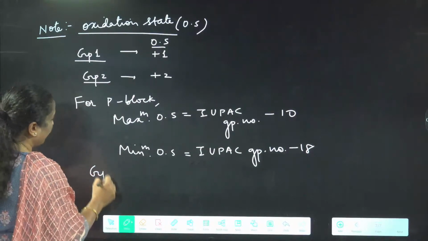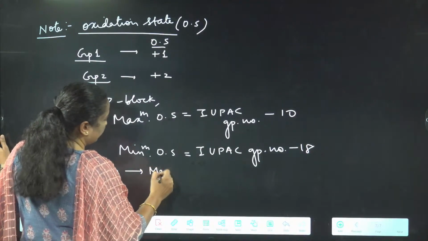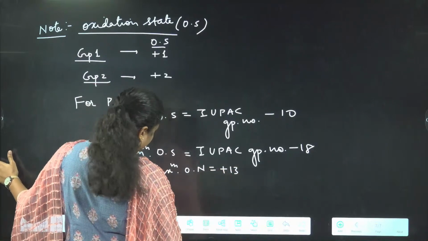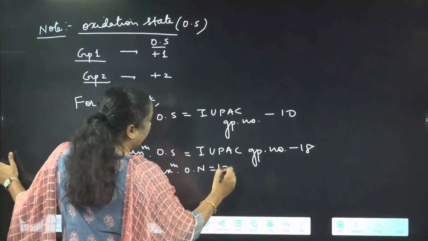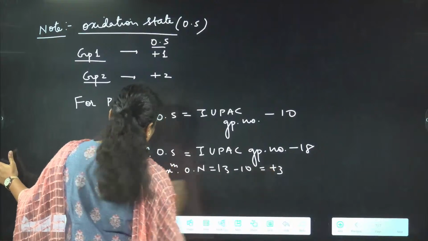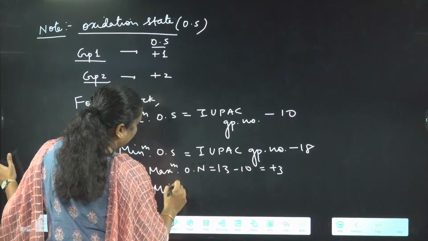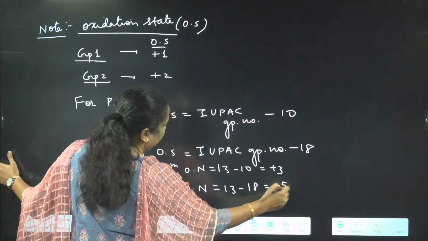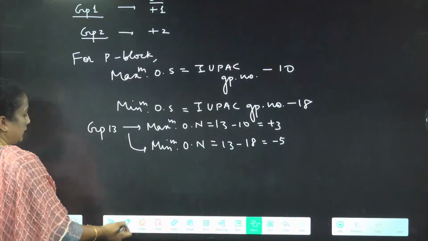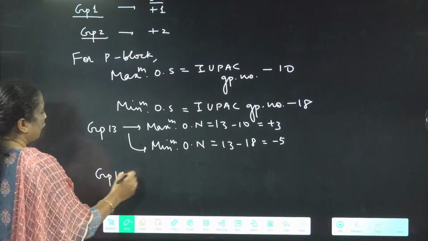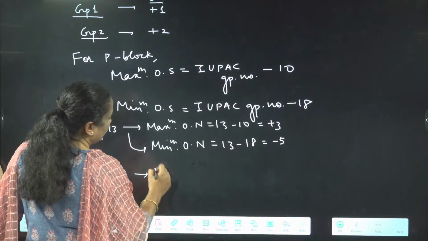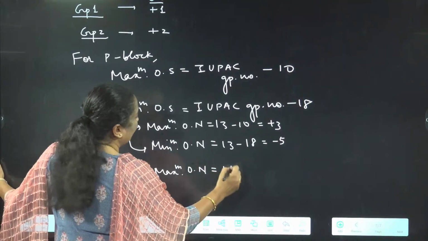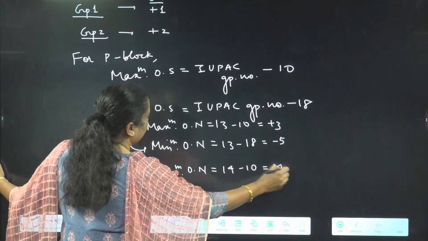So let us see, if I am talking about group 13, right? So the maximum oxidation number is going to be group number 13 minus 10, which is +3. And the minimum oxidation number here is going to be 13 minus 18, you can think of -5, right? Similarly, group 14 you will have maximum oxidation number as 14 minus 10, which is +4.